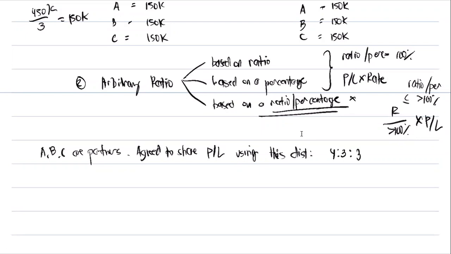Okay. So, ano yung share ni A? 4. Ano yung share ni B? 3. Ano yung share ni C? 3. So, ilan yan? That is 10 or 100%. So, pasok siya.